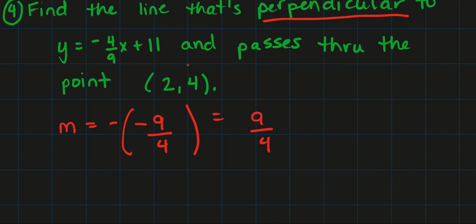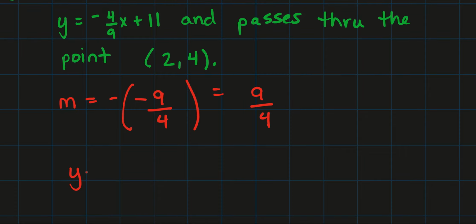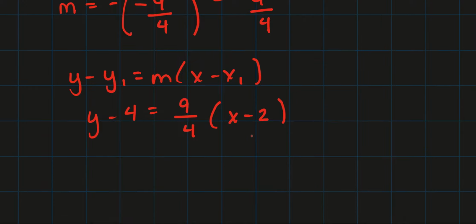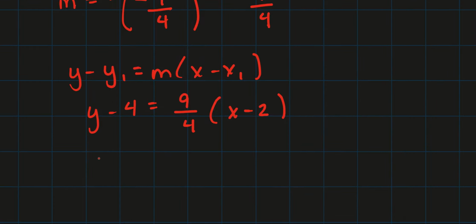And now, since I have the point, I just use point slope form. And I get y minus 4 is 9/4 times x minus 2. Distribute this 9/4, so we have y minus 4 is 9/4 x minus 9/4 times 2.